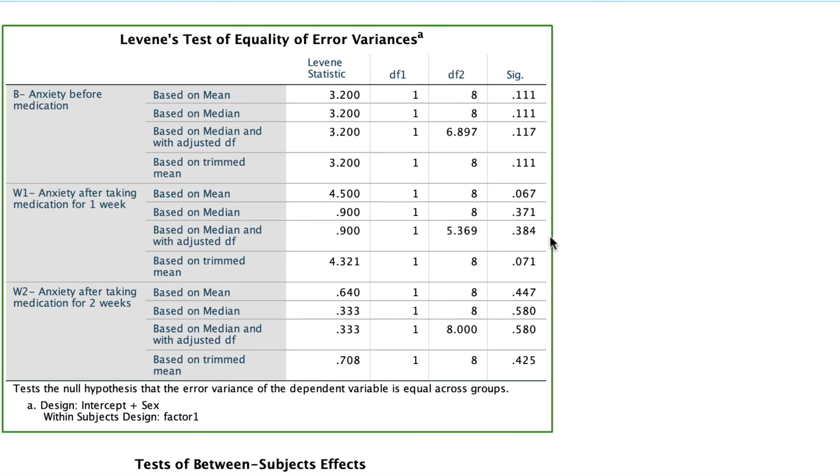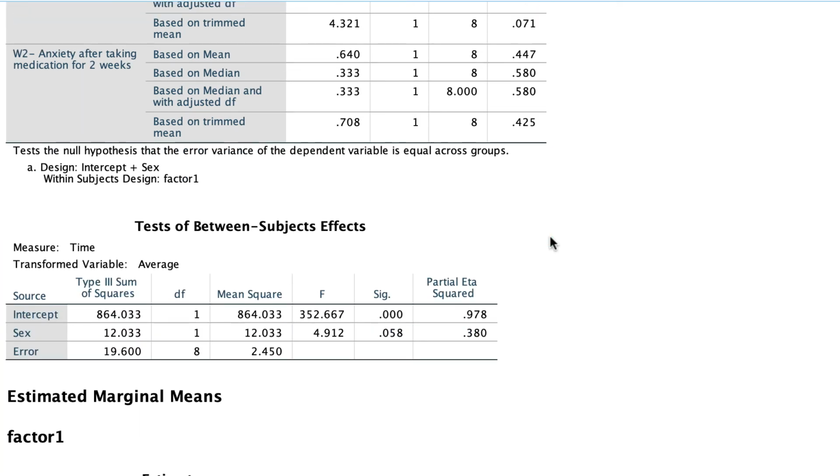Now what we'll go down and do is look at our between subjects test. This is going to tell us if there is a significant difference in average anxiety rating across the 3 times for males and females. So it's looking at all 3 times together and then just comparing male and female anxiety ratings on average.